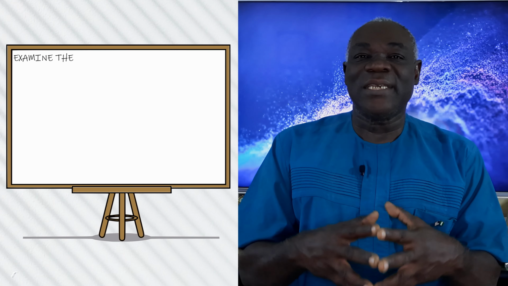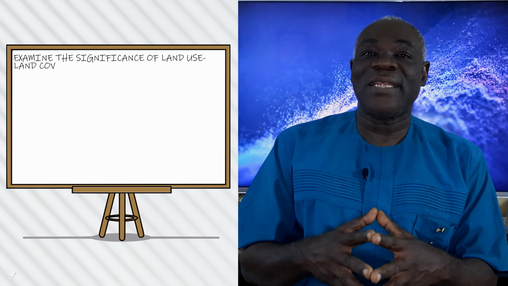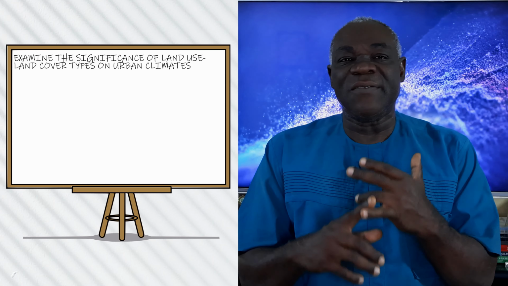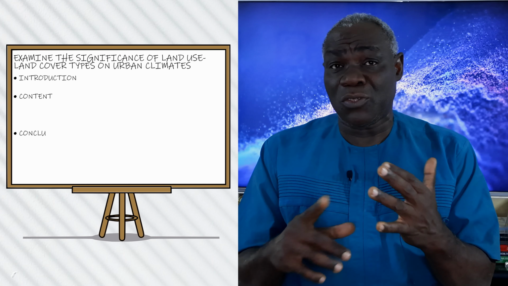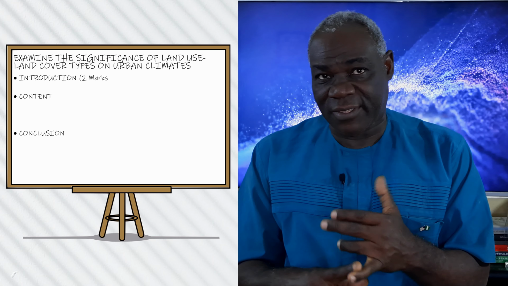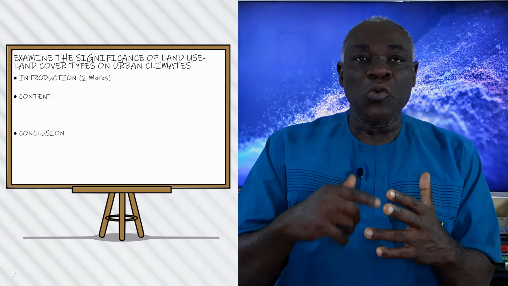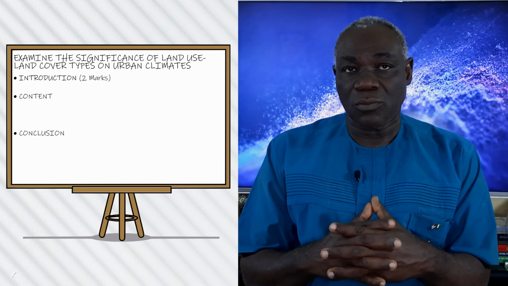Let me share with you briefly a summary of what a marking scheme looks like. Examine the significance of land use, land cover types on urban climate. This marking scheme is divided into introduction, content, and conclusion. Introduction carries 2 marks. Content, we have 2 items in the content.